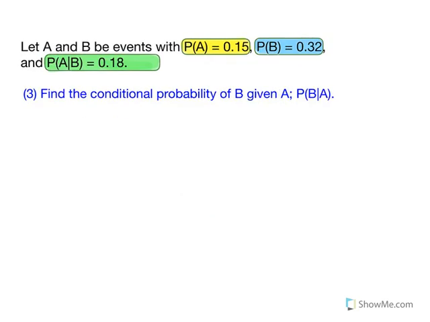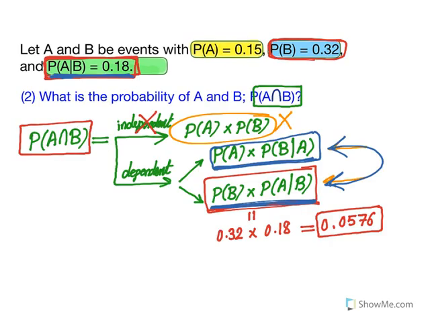It says, find the conditional probability of B given A. So remember, the probability of B given A is equal to, if you want to go back just a second and look at the rule here, let me choose this color so you can see it as part of this rule. Probability of B given A, if you multiply it by the probability of A, you get the probability of A and B. So you can say, from this you can choose the first rule when they are dependent.